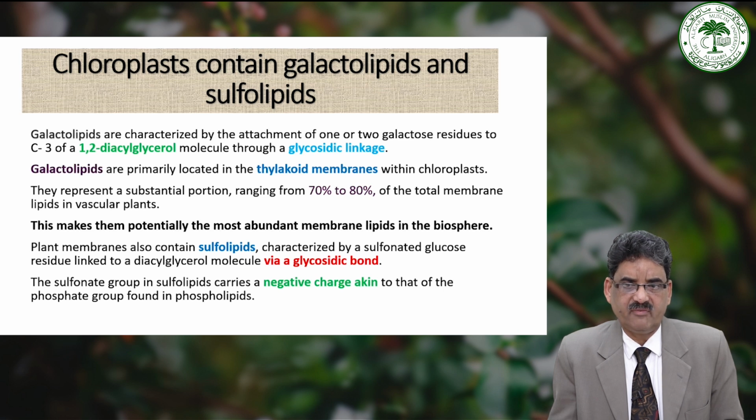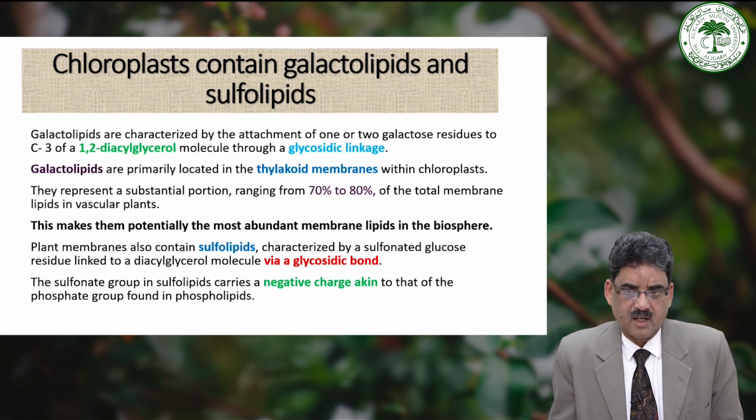Due to the often limited availability of phosphate, a crucial plant nutrient in soil, there may have been evolutionary pressure favoring plants that synthesized phosphate-free lipids, thus conserving phosphate for more essential functions.